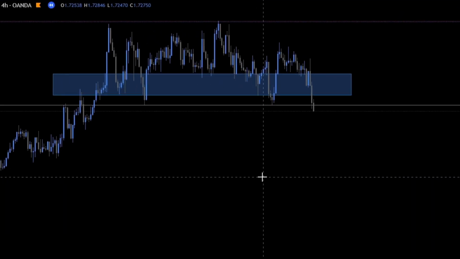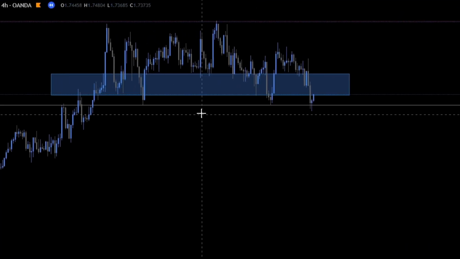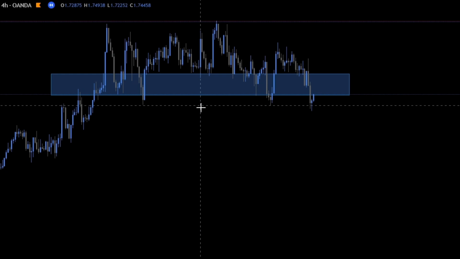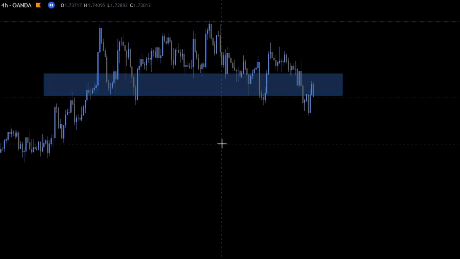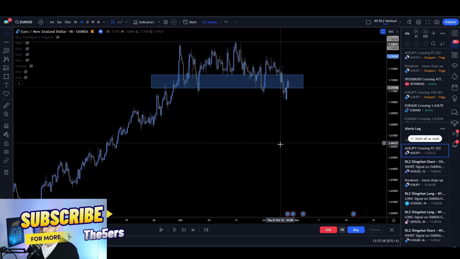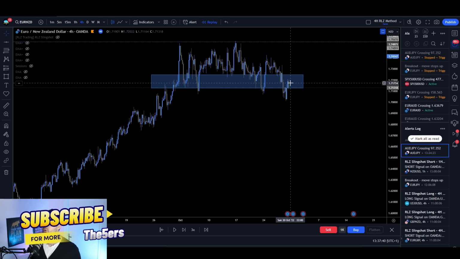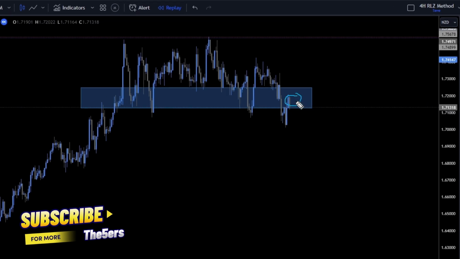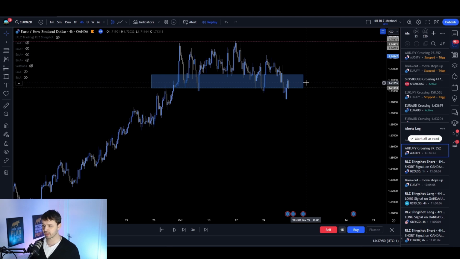There's no rejection in that area, and now we're breaking down. We're now below that support level, below that zone, and we're getting a rejection inside this area. I would say that this is highly likely to begin a new trend. So let's say we're entering somewhere inside this area. I'm not going to create a specific setup for this, but let's assume that maybe you're trading on the lower time frames, using the 4-hour as your high time frame bias, and you want to go short.